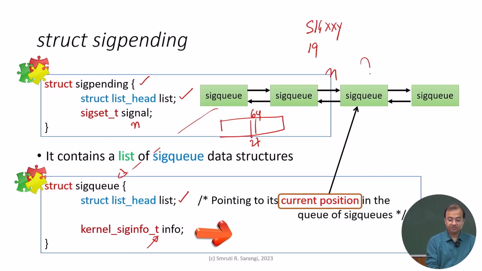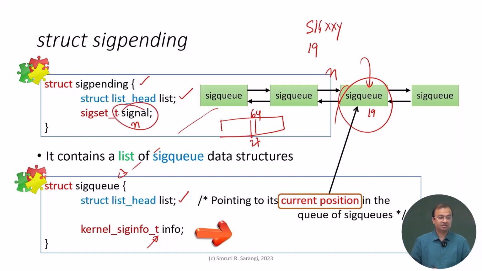Which means that one of these sigqueue entries will be for signal number 19. Let's assume that there are 5 bits set to 1 in the pending signal set. There are 5 bits set to 1 here, which means that there are 5 pending signals. For every pending signal, there will be one sigqueue, which means if there are 5 bits set to 1, there will be 5 sigqueues in the linked list.